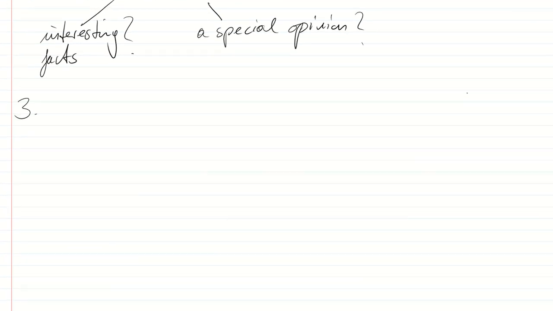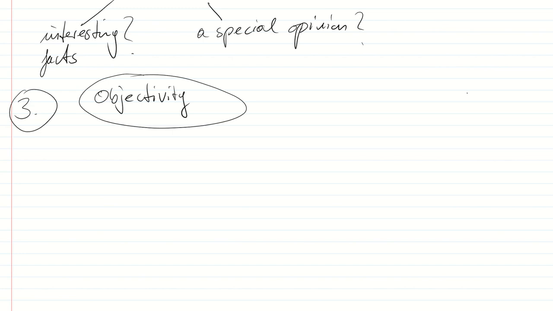Number 3. The degree of objectivity. So, how objective is this text? Of course, that depends a little bit on the source.